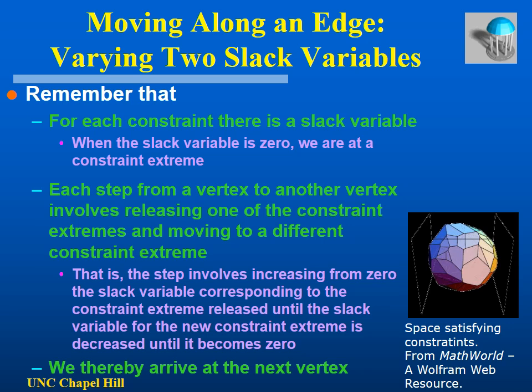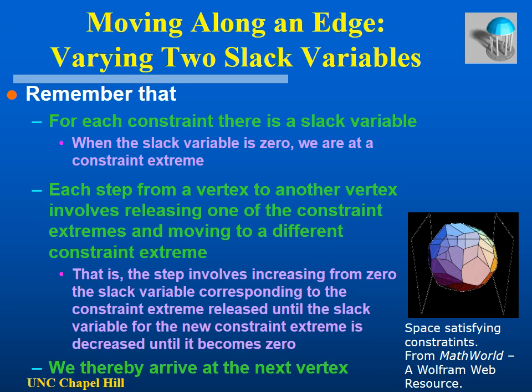And the idea then of the algorithm was to move from this vertex in the up direction, assuming this polyhedron is oriented so that up corresponds to the direction of fastest increase of the optimization function, and we want to move up. And we do that by releasing one of the constraint extremes, namely the one corresponding to the bottom of that hexagon, and move up towards the next vertex.